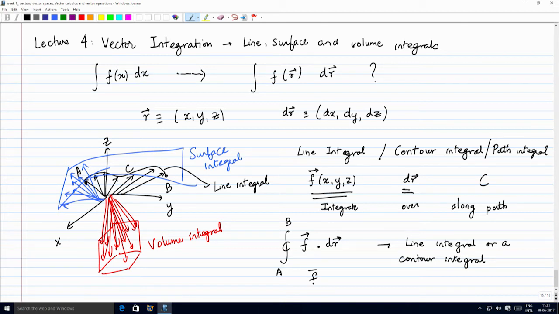If my f has components f x, f y and f z, and my dr has components dx, dy, dz, then you can clearly see that the integrand for the line integral has these components. So, I can write this integral from a to b of f x dx plus f y dy plus f z dz.